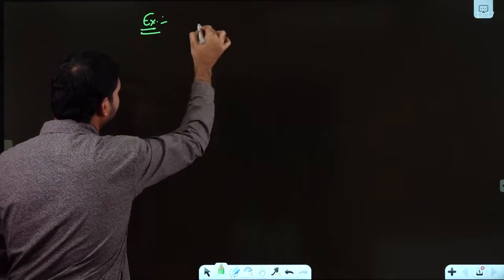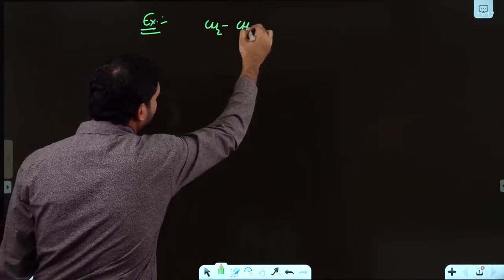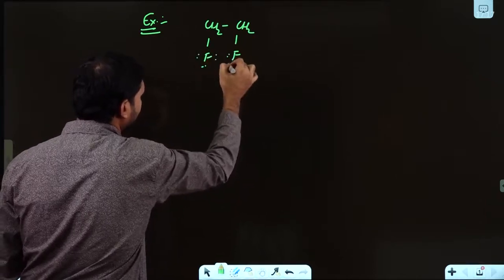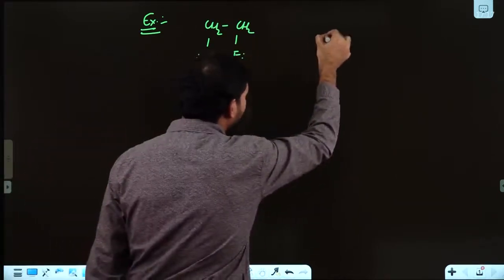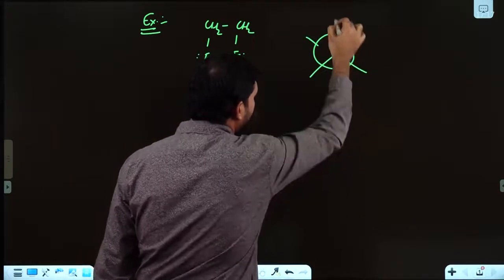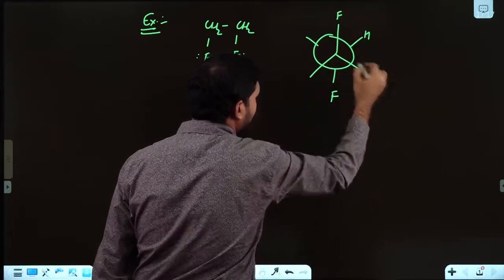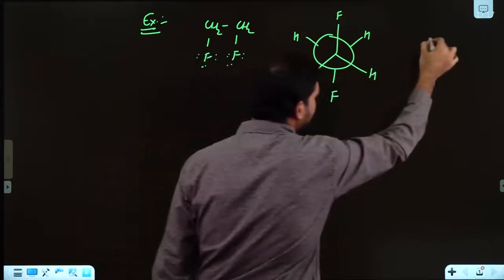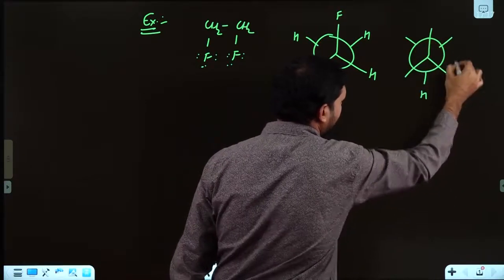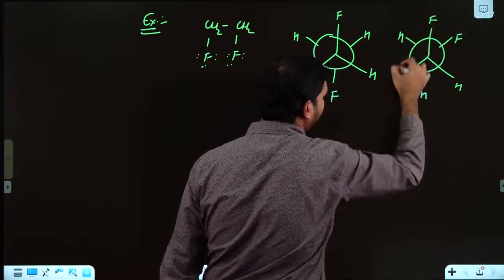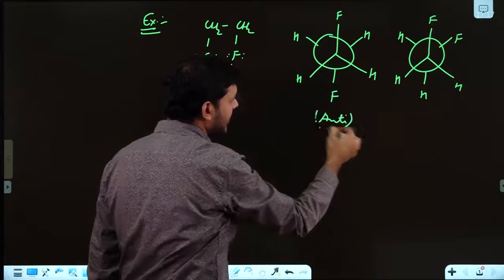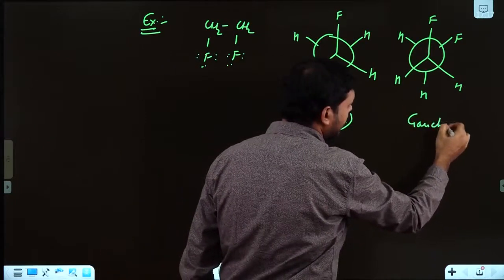Let's take an example. If we think simply, we may come across a thought that among these two, this is your anti-form and this is your gauge form, right?